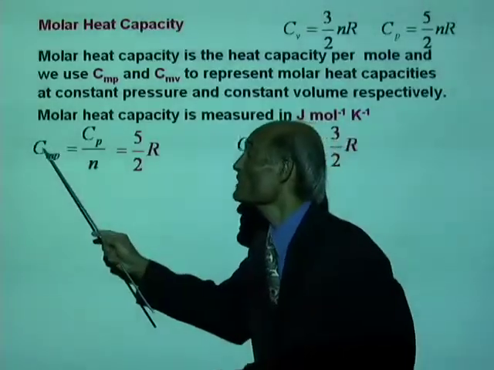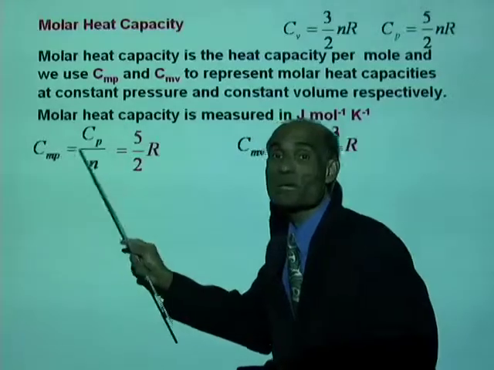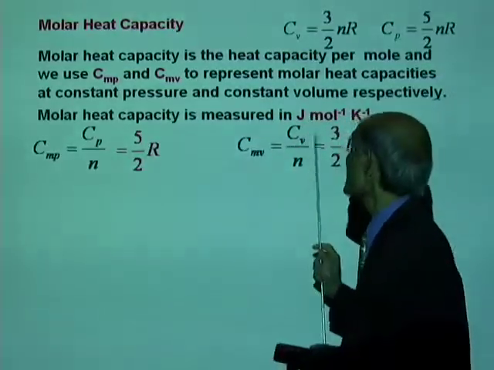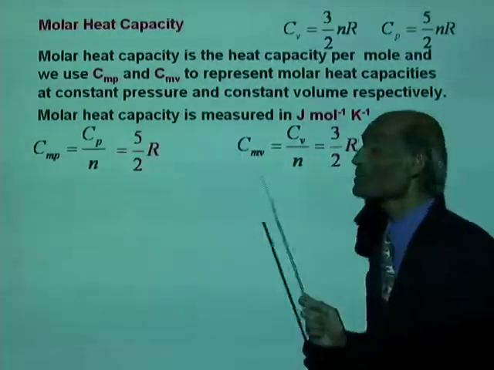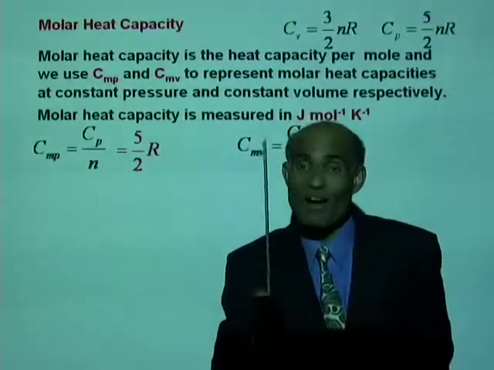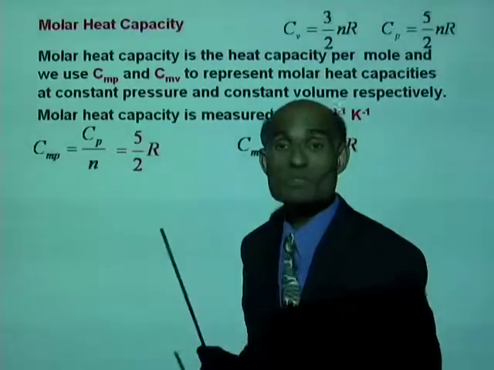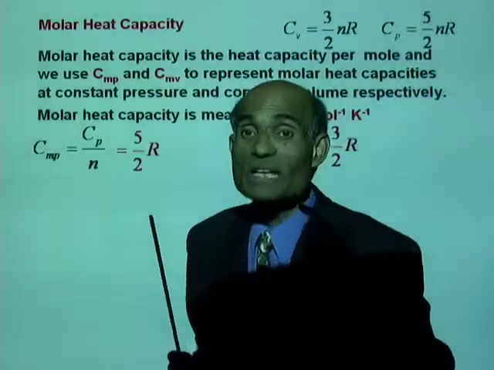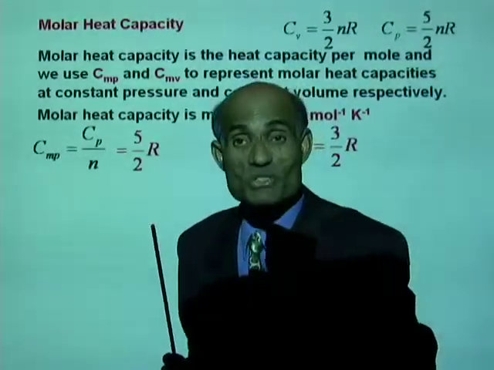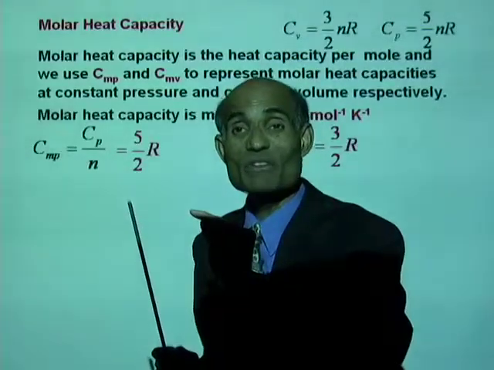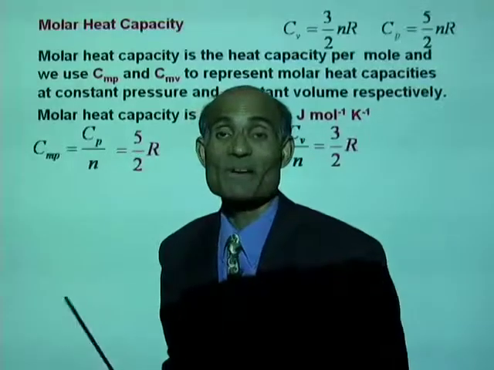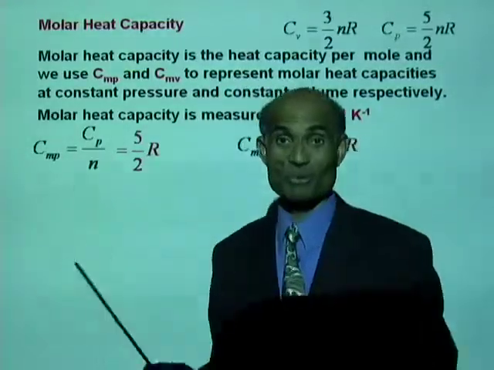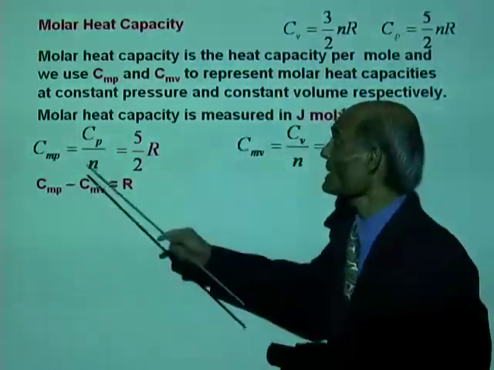That means the difference Cmp minus Cmv is 5/2R minus 3/2R, which is R. The difference between molar heat capacity at constant pressure and molar heat capacity at constant volume must be equal to R. Now the question is, is this true? Are we going to get that right?